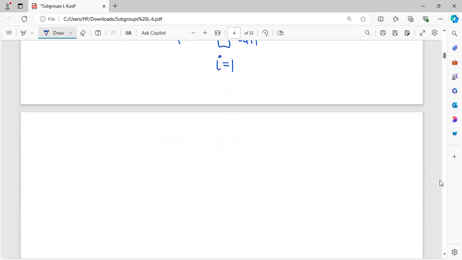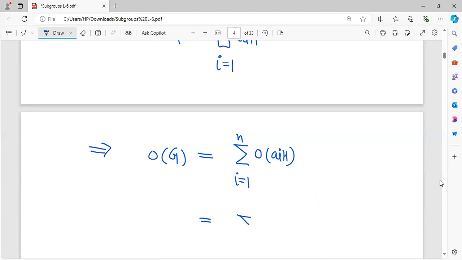Now these are disjoint. So what will be the order? The order of G is nothing but, because these are disjoint, the summation, i goes from 1 to n, of the order of aiH. So what is this? This order is equal to the order of H from 2.